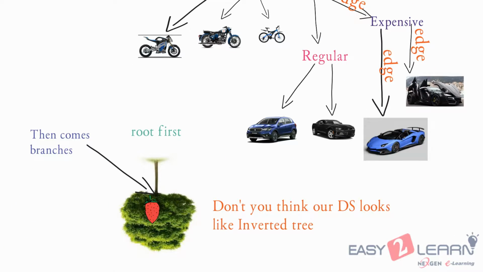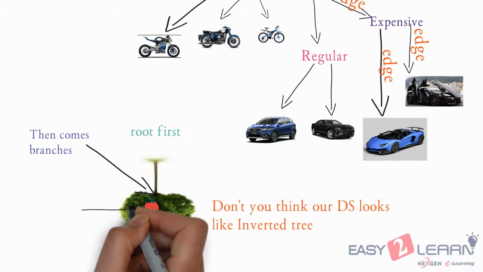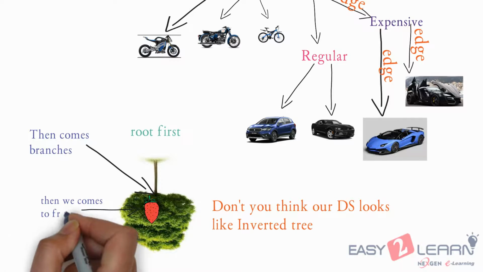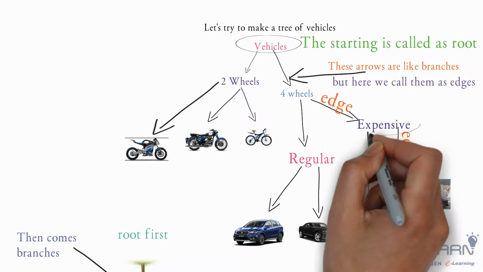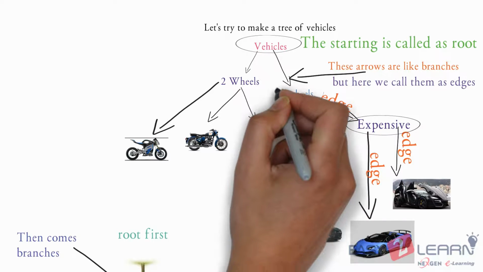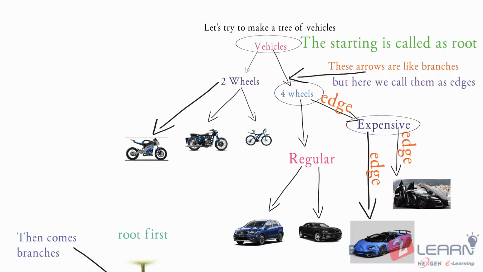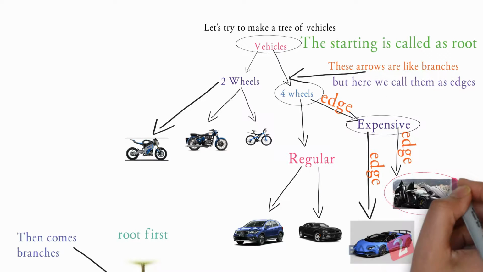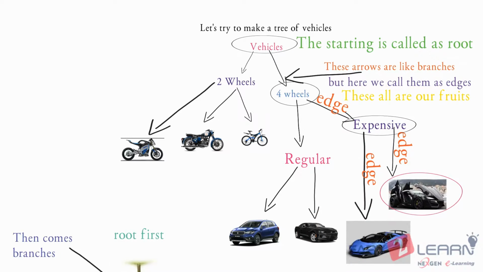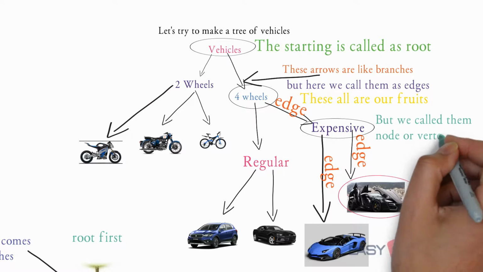Later come the fruits of a tree. So what are fruits? Observe here: expensive, regular, four wheels, and the last car. These are called our fruits, but here we call them nodes or vertices.